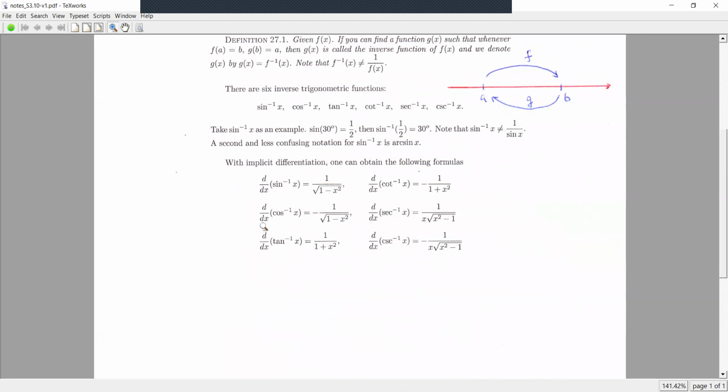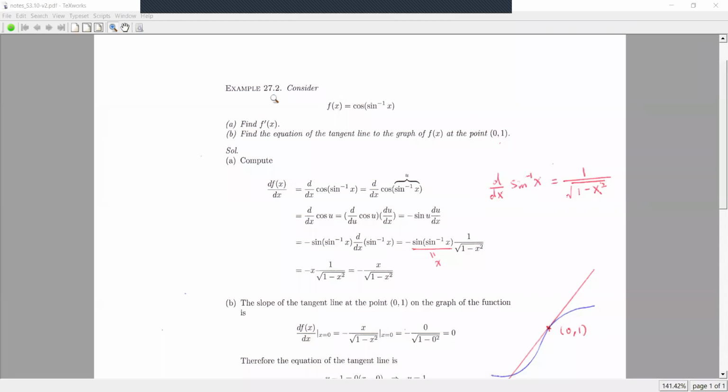The derivative of inverse cosine is negative 1 over the square root of 1 minus x squared. The derivative of inverse tangent is 1 over 1 plus x squared, and so on. You just need to remember these 3 derivative formulas for inverse trigonometry functions.